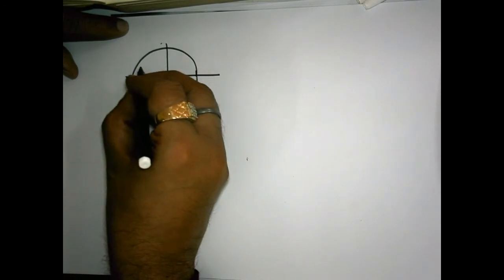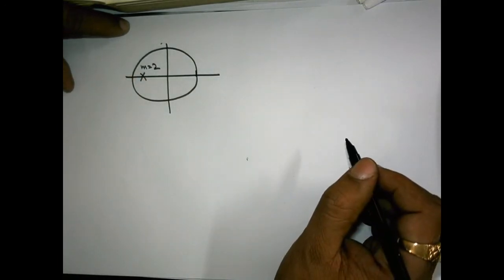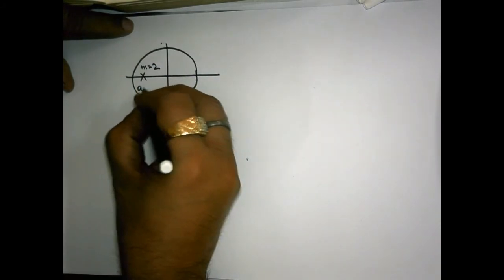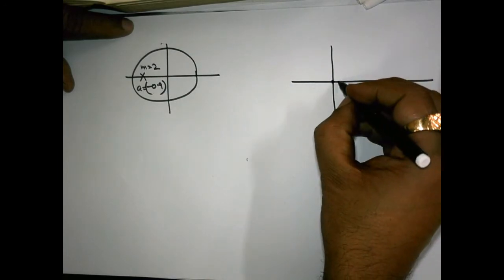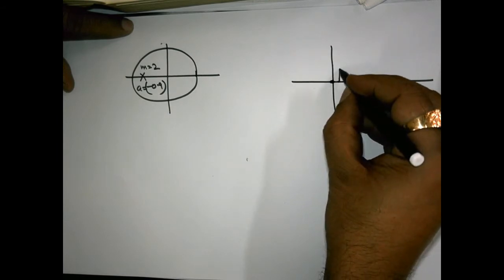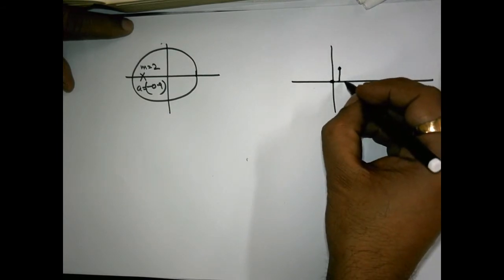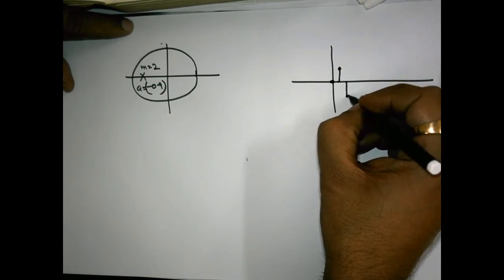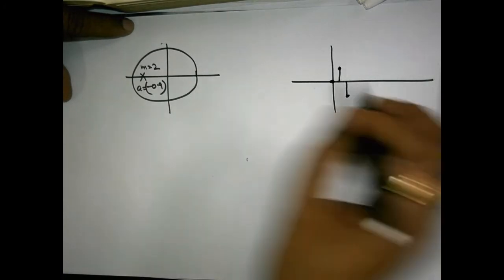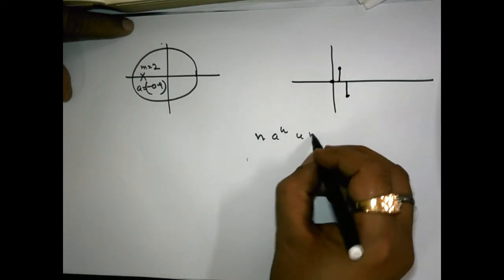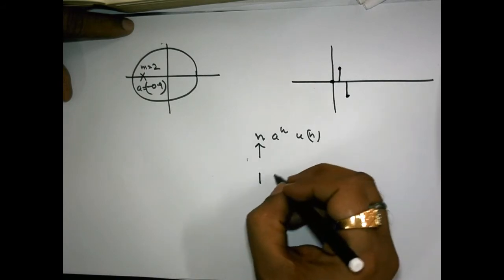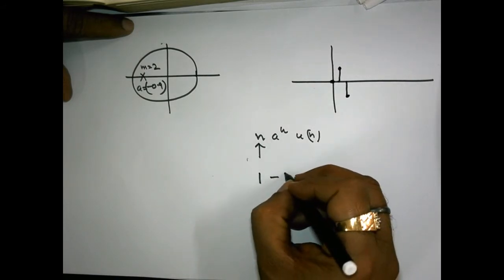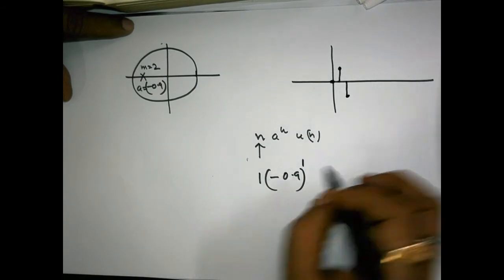Take this pole with multiplicity 2, located at a equal to minus 0.9. For n a^n u[n], the origin sample is 0, and the first sample has a equal to minus 0.9 and n equal to 1, so it is minus 0.9.